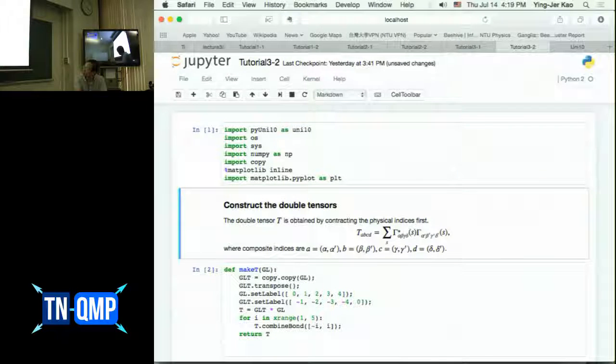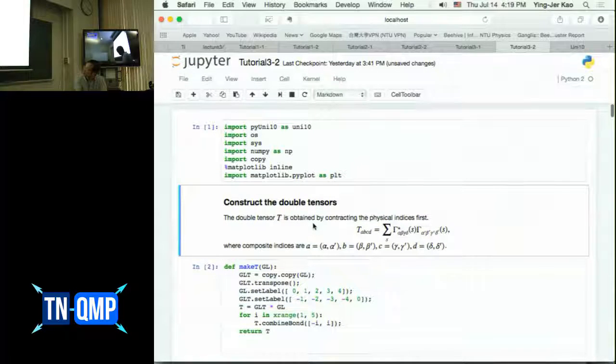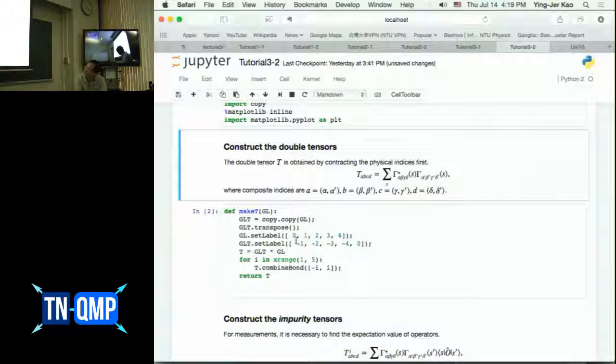Here we first construct the double tensors. Again, the contraction is done by setting the proper labels. If you program Uni10 a lot in the future, you will realize that a lot of the time you just set the right labels in your operation.